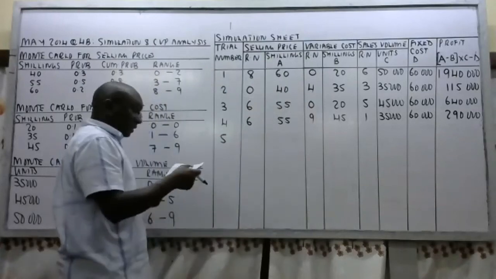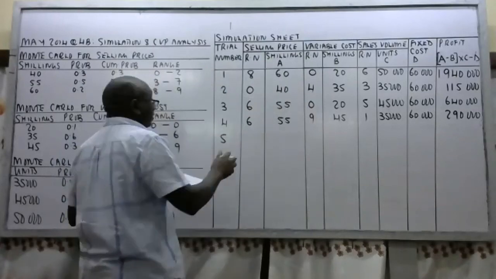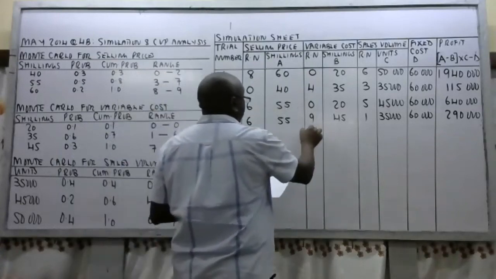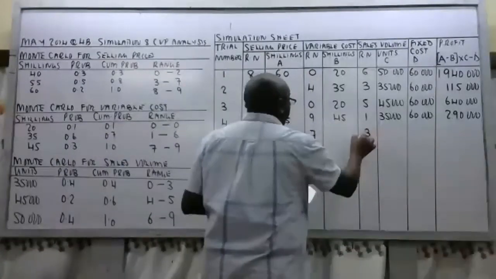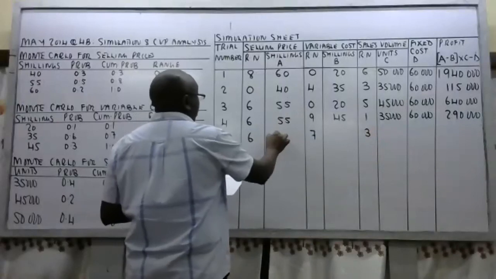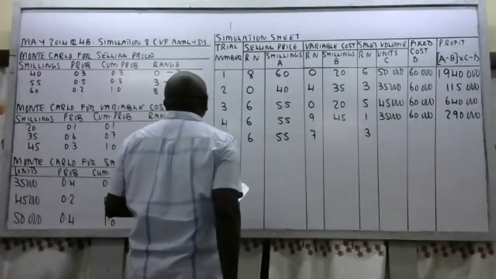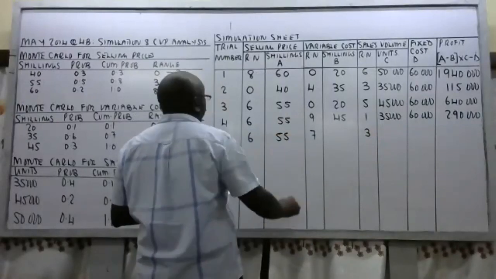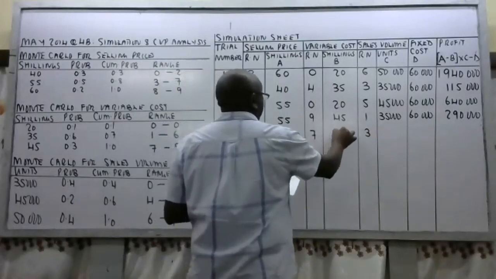Number 5, after 691, I have 673. So 6 again gives us 55. 7 is giving us 45.